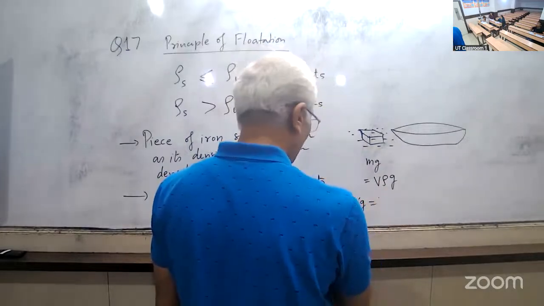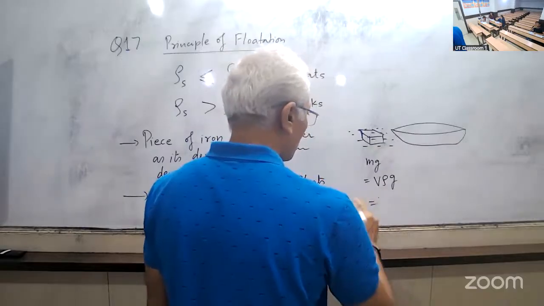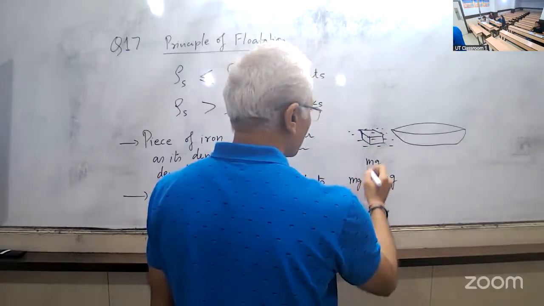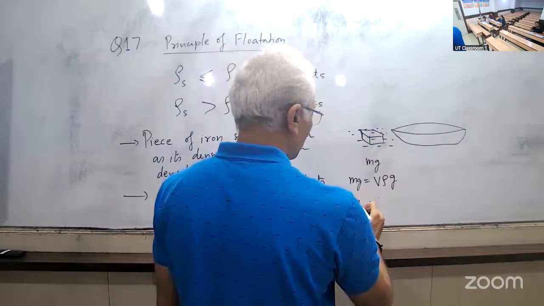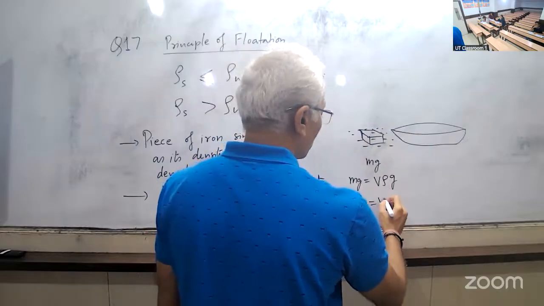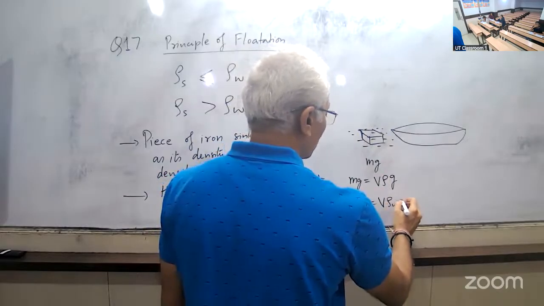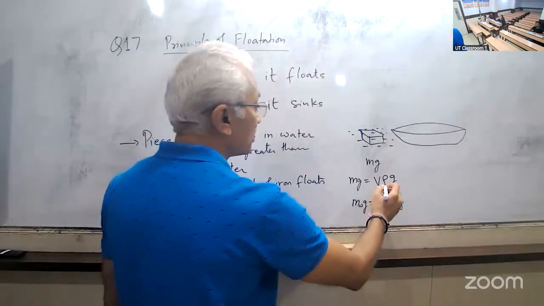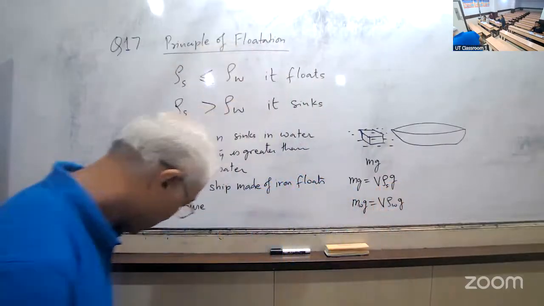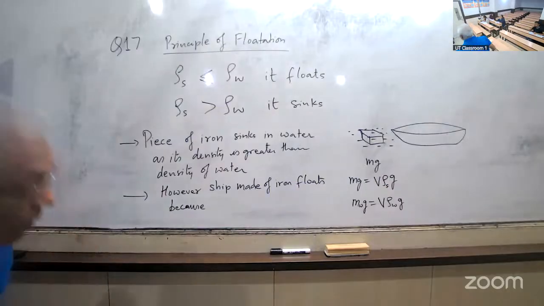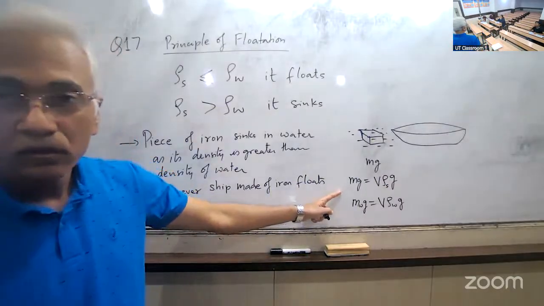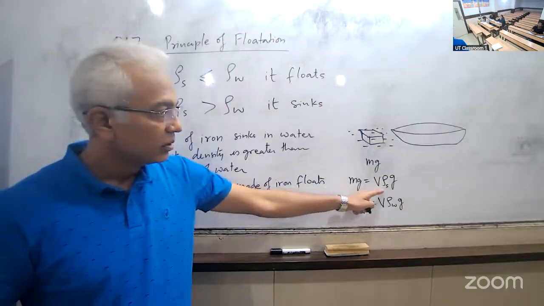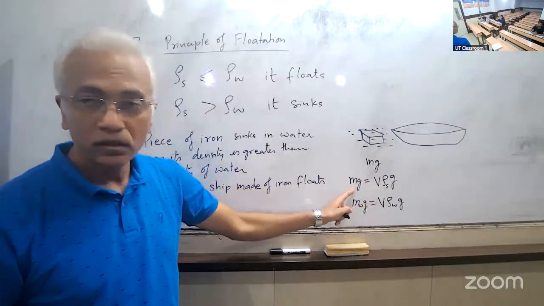Let us say this is m_w. So mg is the weight of the block, and m_w g is how much? Volume into density of water into g. Now this is the density of the substance, correct? Which weight will be greater?